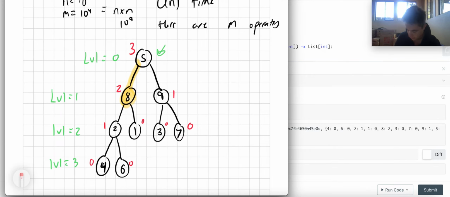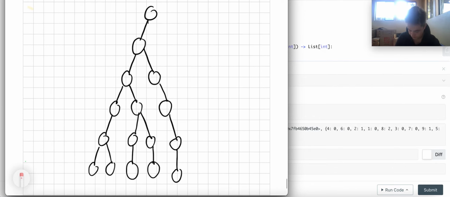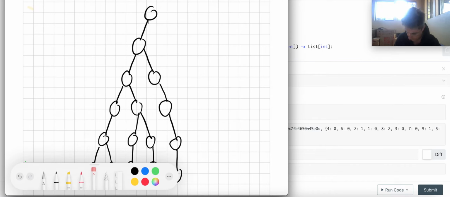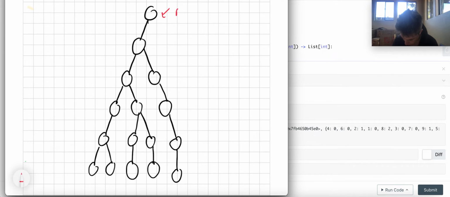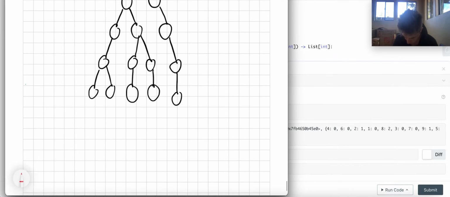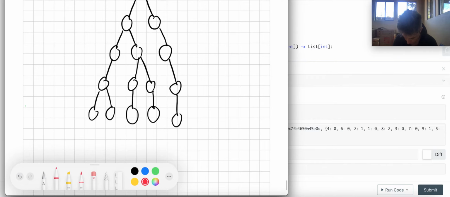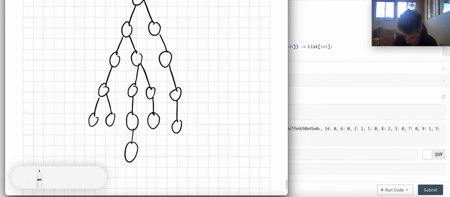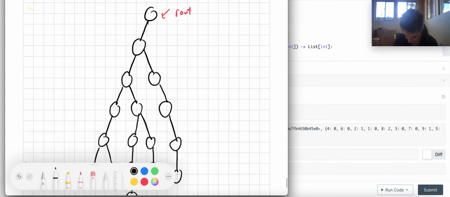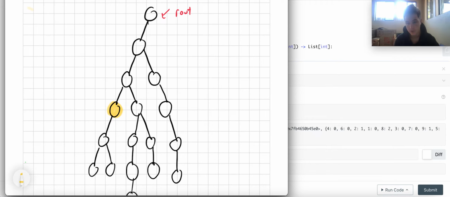Now let's continue going down this path looking at this example. So if this is the root, and we want to find the maximum height if we remove this node, right?